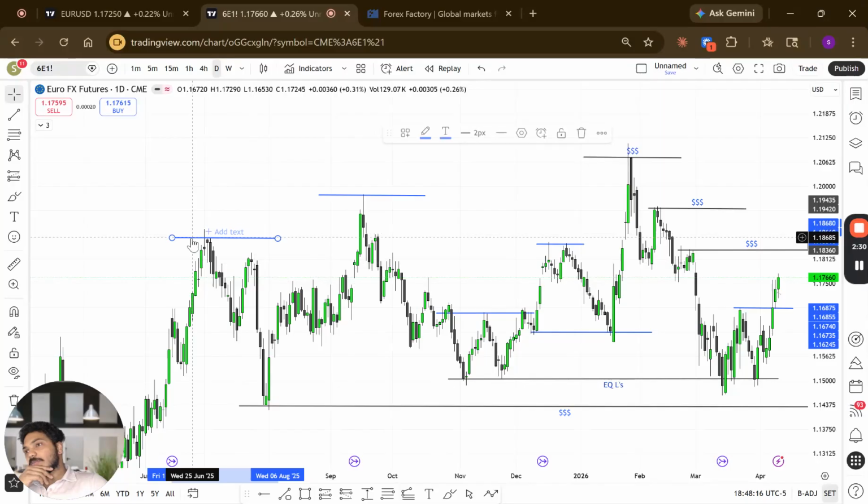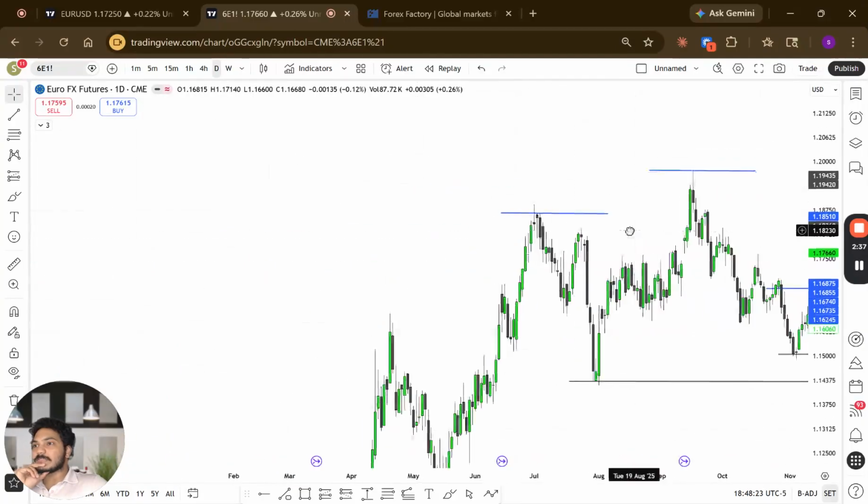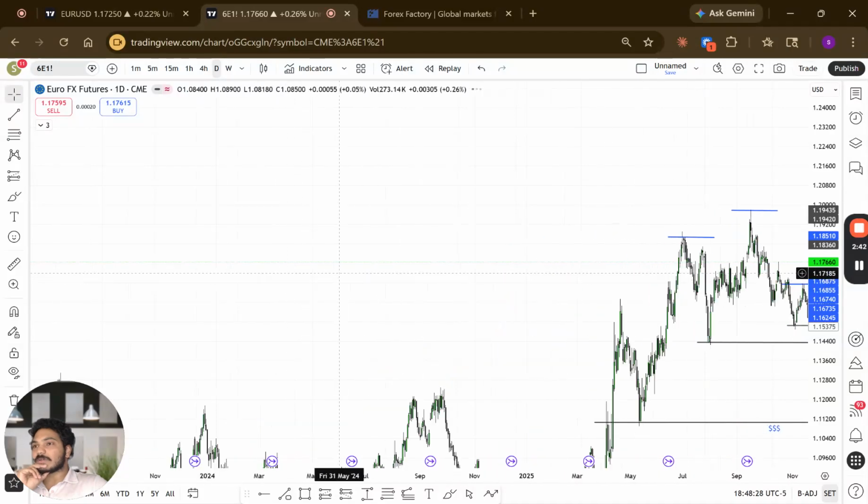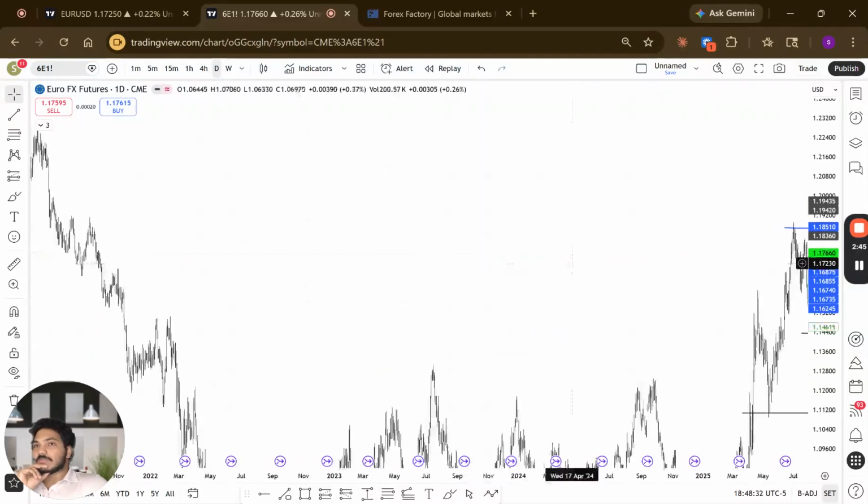If you notice, let's start from here. It formed a high here, right? And we try to come back to this high. Let's see if we can find equal highs or somewhere nearby. Here is the same price, the same level where it rejected.